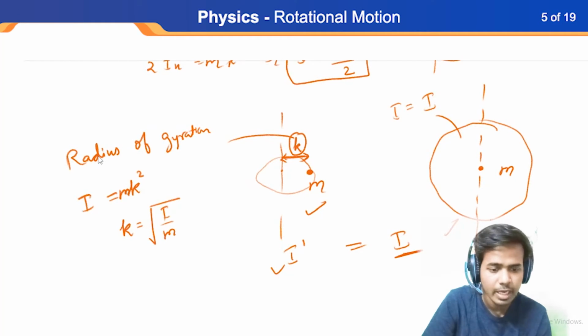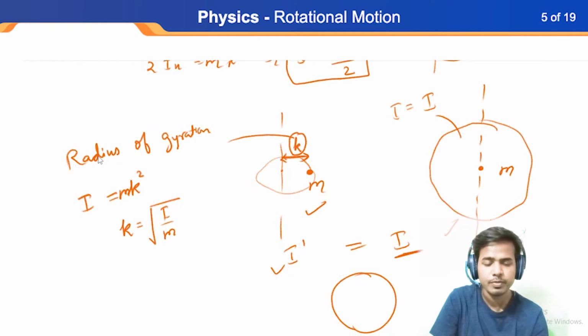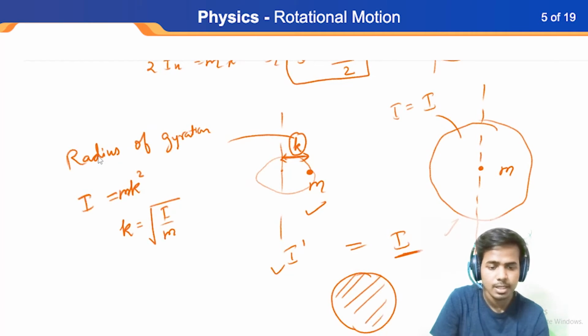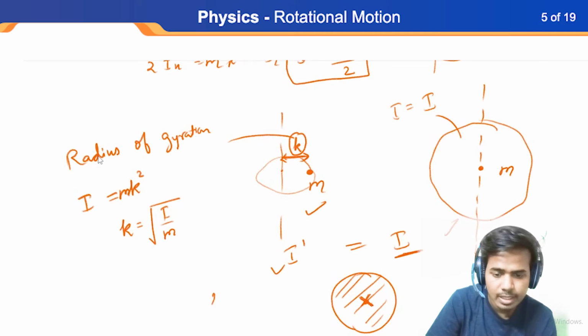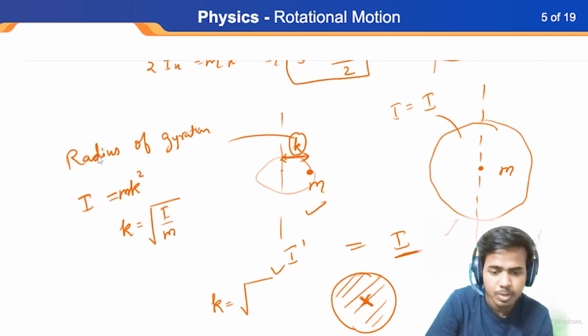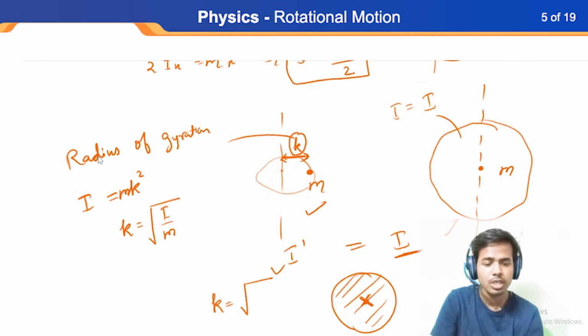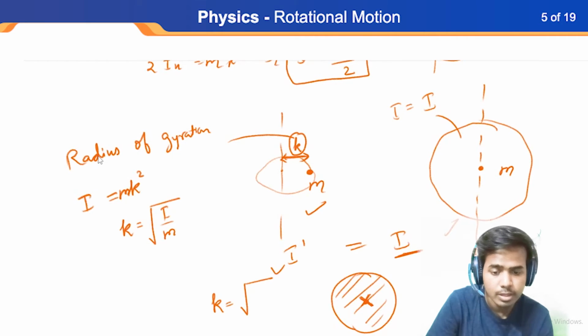For example, if you have a ring, or sorry, maybe a disk, because a ring will be a very simple example. A disk having this axis of rotation, then in that case the radius of gyration should be, what is the moment of inertia of that disk? mr square by 2 inside the plane, divided by the mass itself.